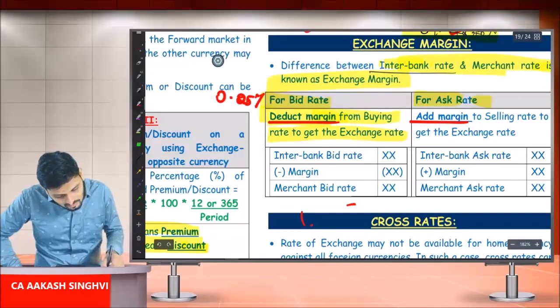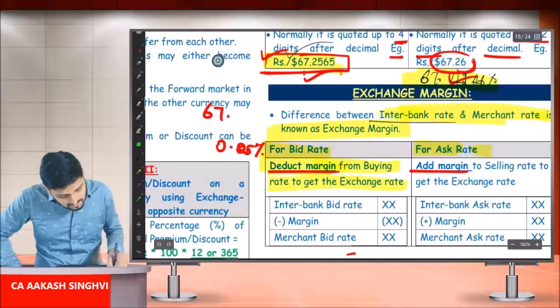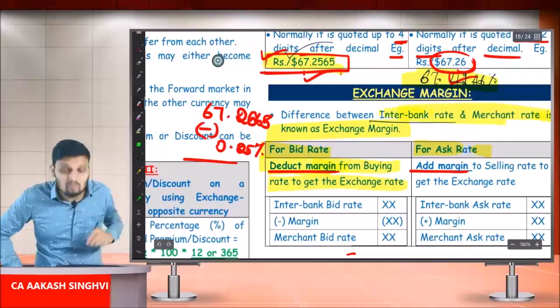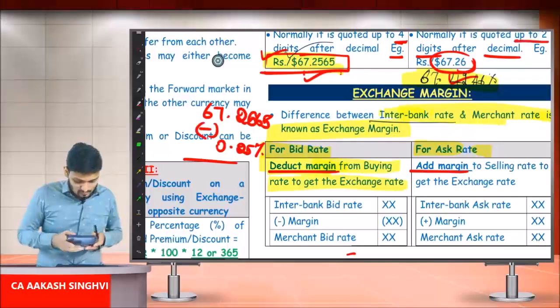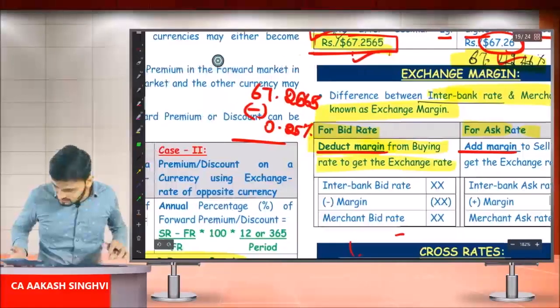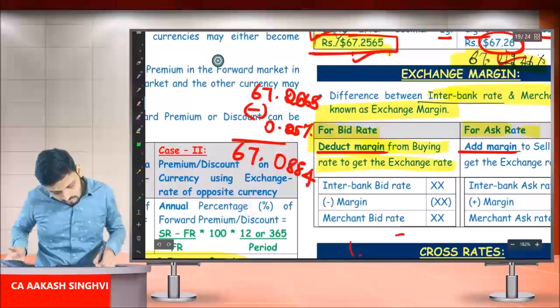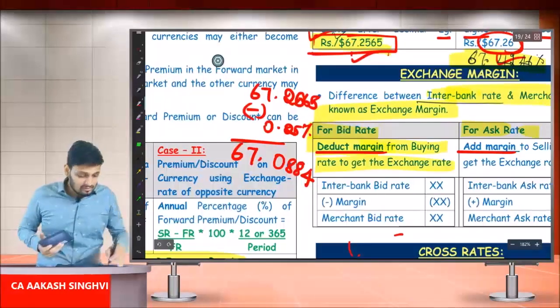While buying, I will quote 67.2565 minus 0.25 percentage. This comes to 67.0884.